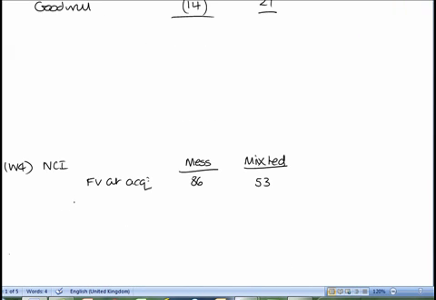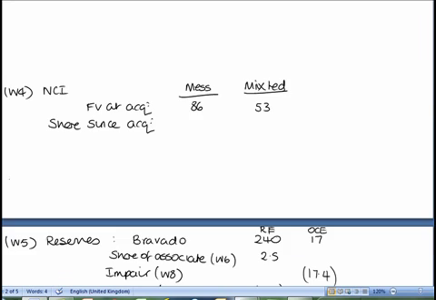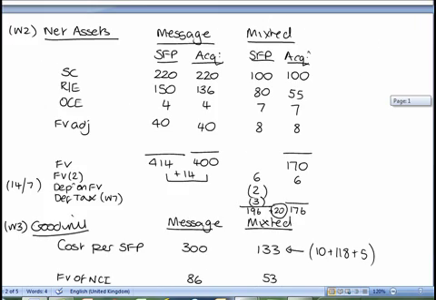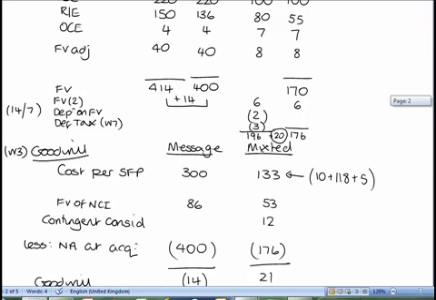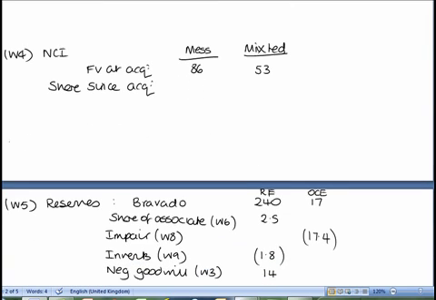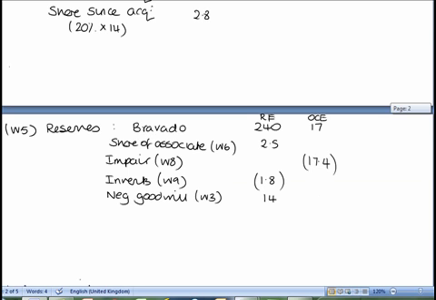When it comes to the NCI, we're going to give them their share since acquisition. And for message, it's 20% of 14, which is 2.8. What do we do with the other 80%?